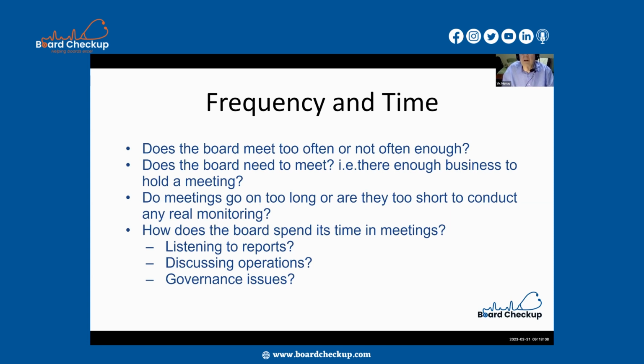That indicates maybe not enough meetings. Or the board sits around idly chatting, and the business gets done in no time, which means maybe you don't need so many meetings. That gets to whether there is enough information to hold a meeting, or whether you are just meeting to have a meeting.